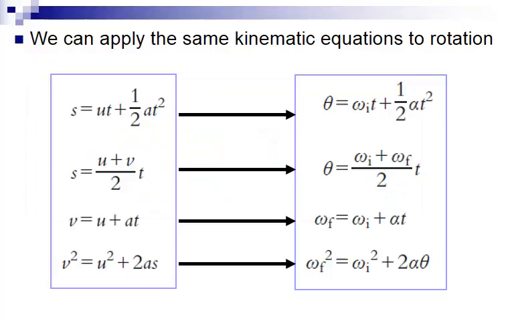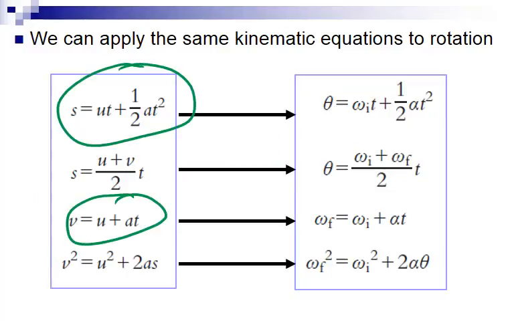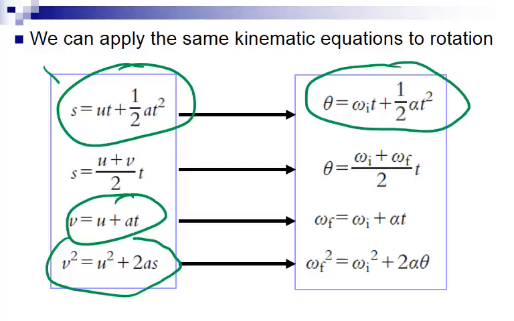Now, with those, we have the kinematic equations. This one and this one are our key ones here, with the correspondence of this, right? For position, we're dealing with how many radians. The initial speed is the initial angular speed. We have time, and then we have alpha, which is the angular acceleration, corresponding to linear acceleration.